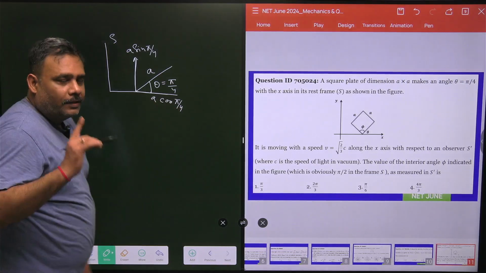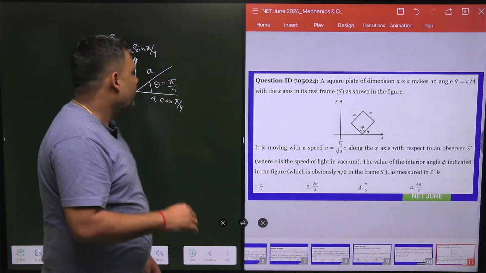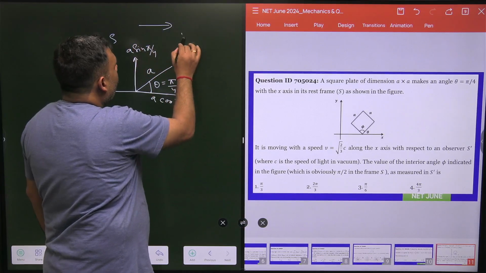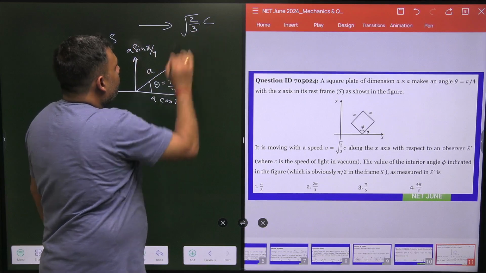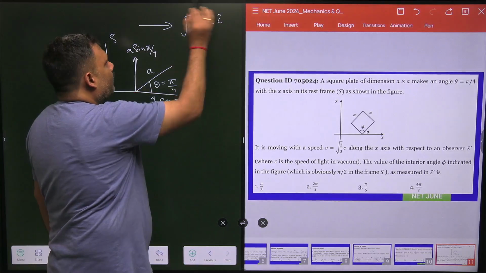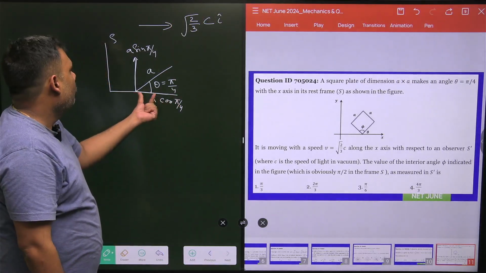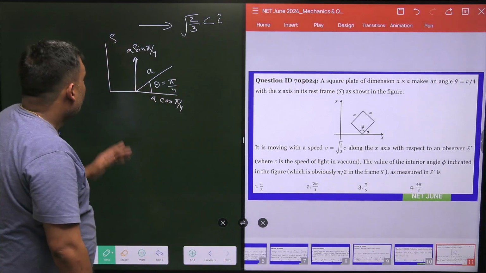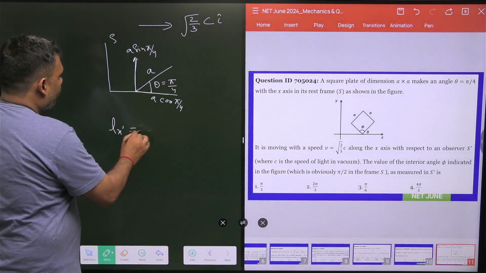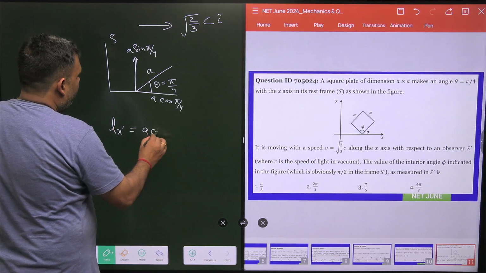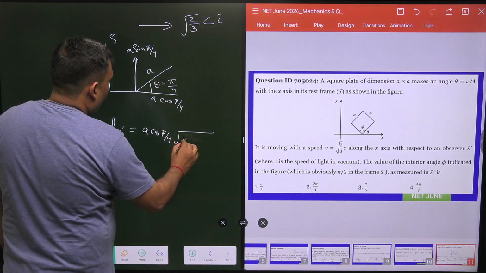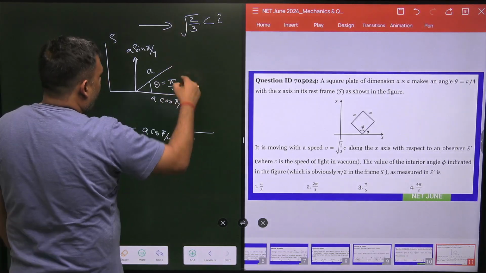So what will happen with respect to the S dash frame? With respect to the S dash frame, this whole thing is moving with velocity root 2 by 3 c along the x-axis. So this length is going to contract because this is along the i cap direction, and this length remains the same. So what will happen? Lx dash is equal to A cos pi by 4 root under 1 minus v square upon c square.